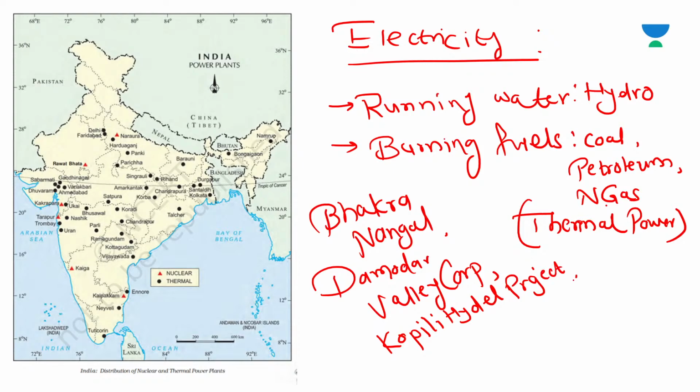So these are producing hydroelectric power. Then the thermal electricity is generated by using coal, petroleum, and natural gas. Thermal power stations use non-renewable fossil fuels for generating electricity.